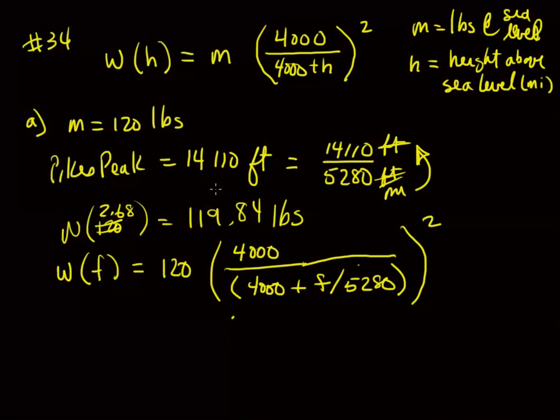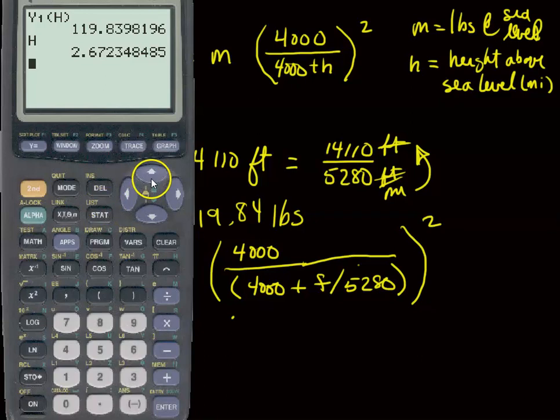You can create the table and take a look at these and see how this varies. For Amy, let's bring back our calculator. So the table, and notice above this it says TABLE. There's also above WINDOW says TBLSET.